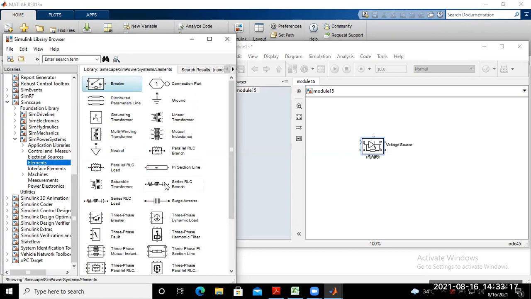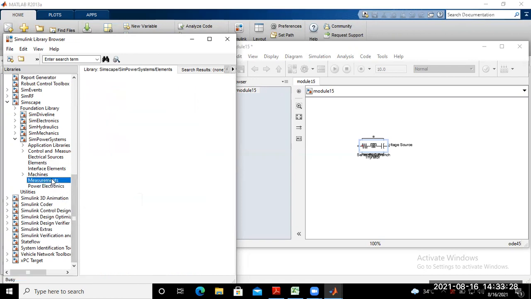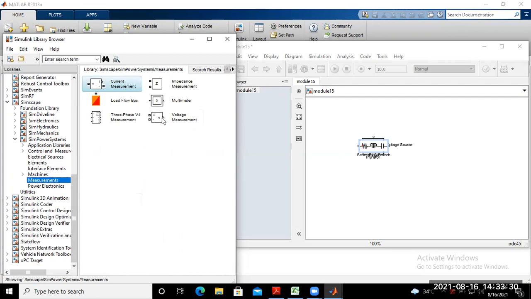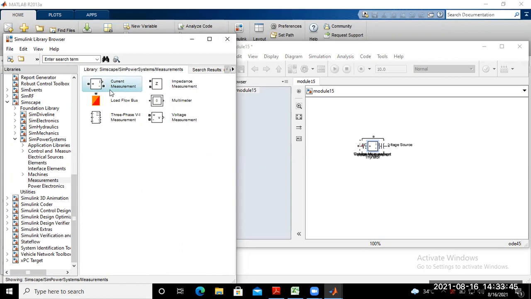So we just click on this RLC branch and add it into the model number 15 and go to the measurement. So maybe add voltage and current measurement: voltmeter, add it to the workspace, and measurement of current, ammeter, add into the workspace.